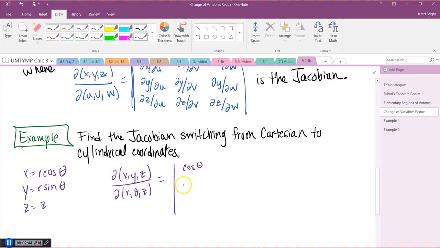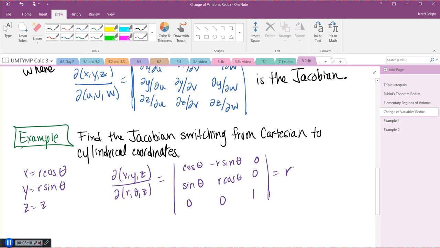And then with respect to theta, we get negative r sine theta, r cosine theta, and 0. And then we get 0, 0, 1. You can expand this however you like, or if you're good at putting this into Wolfram Alpha, just to check, because I know that you all can do this by hand, you end up with just r.